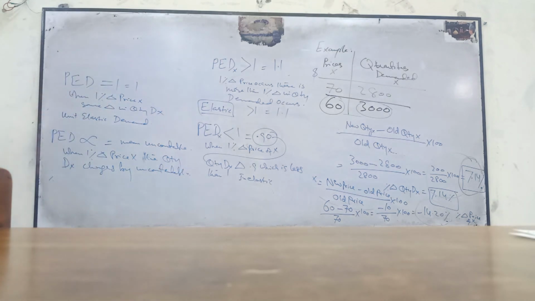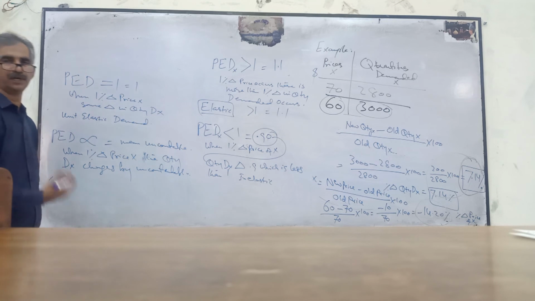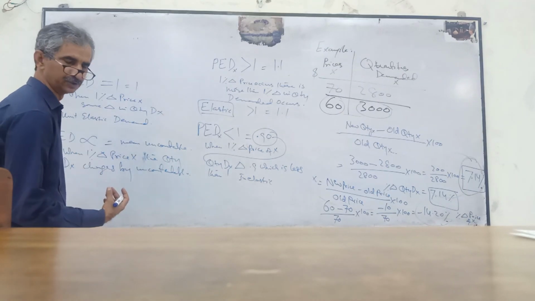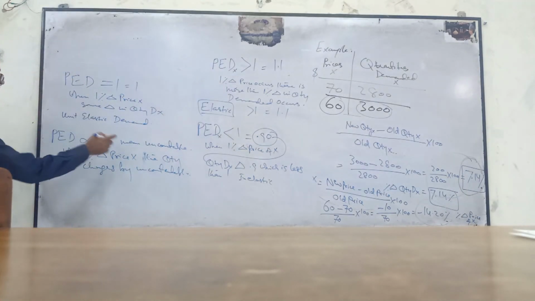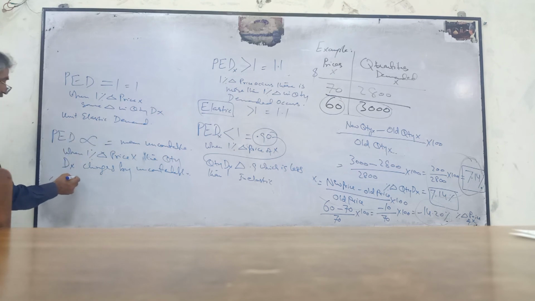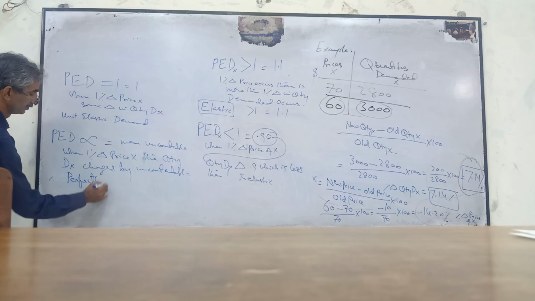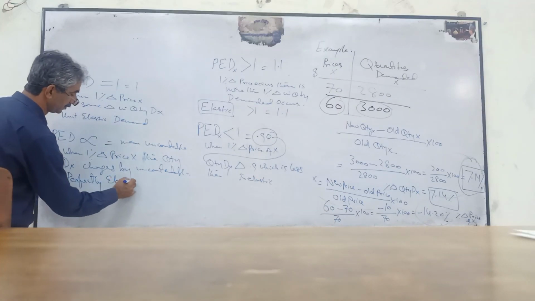One cannot count it. An unmeasurable, huge change in the quantity demanded occurs. When our end result is like this, we say this is perfectly elastic demand.